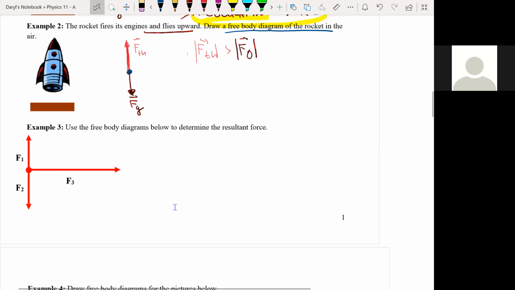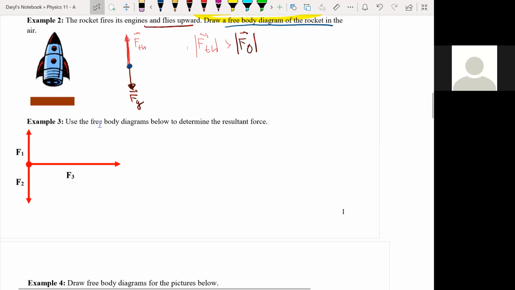So let's take example number 3. Use the free body diagram below to determine the resultant force. Let us just say the magnitude of this force and this force are equivalent. So if you're going to add them, if you have F1, again, the resultant force is just taking the sum.